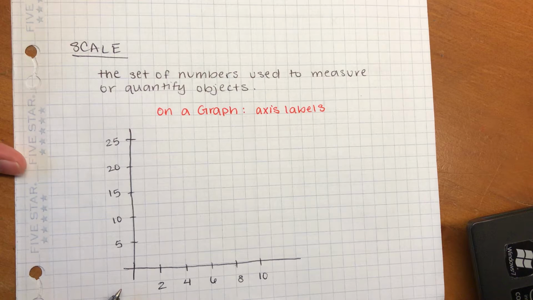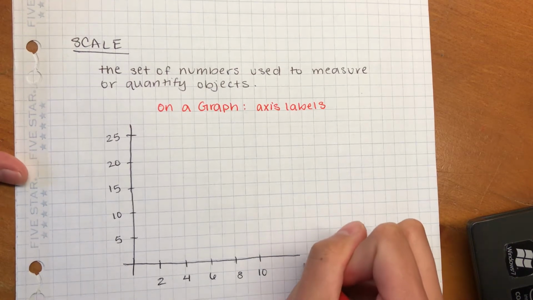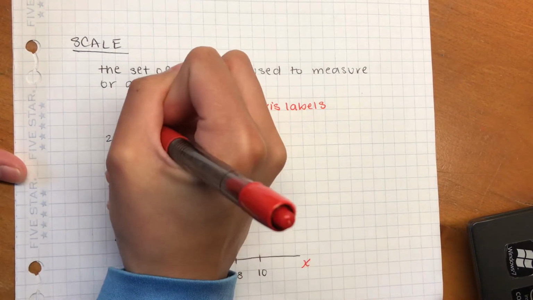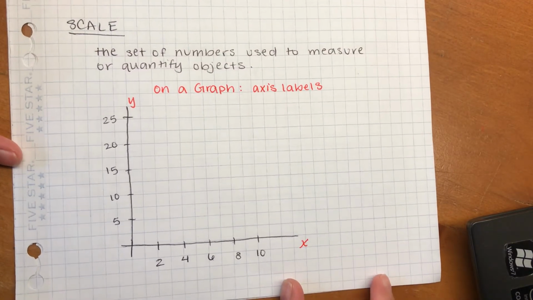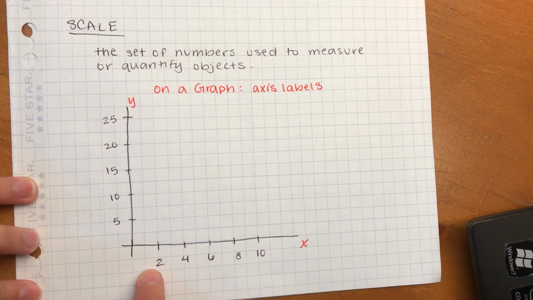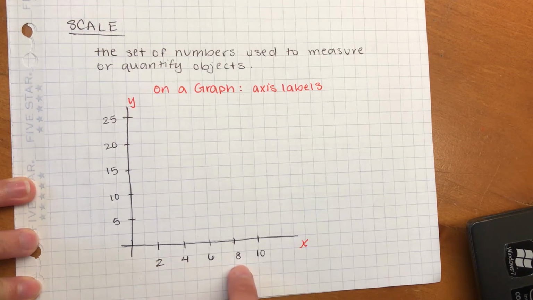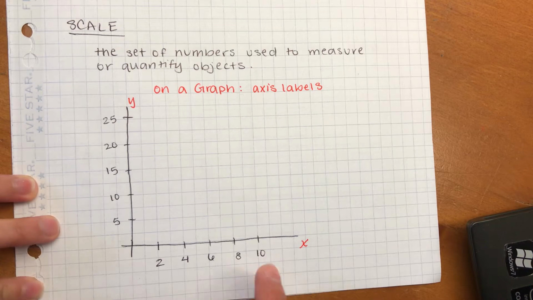So on this graph, first I'm going to label my x-axis and my y-axis. I'm going to look at the scale. Let's start with the x-axis. This counts 2, 4, 6, 8, 10. And if I look at each tally, it looks like we're going up by 2 each time.